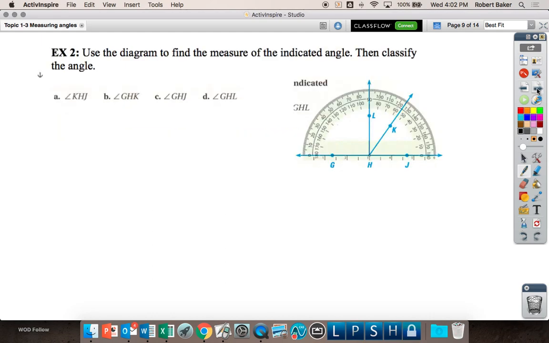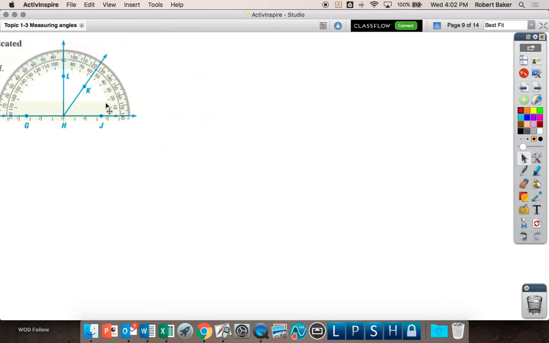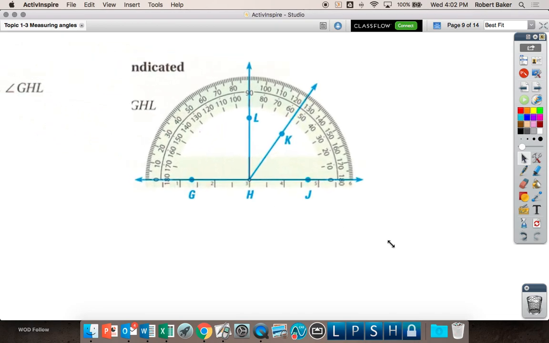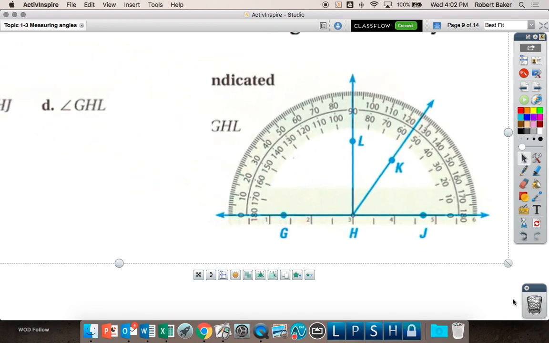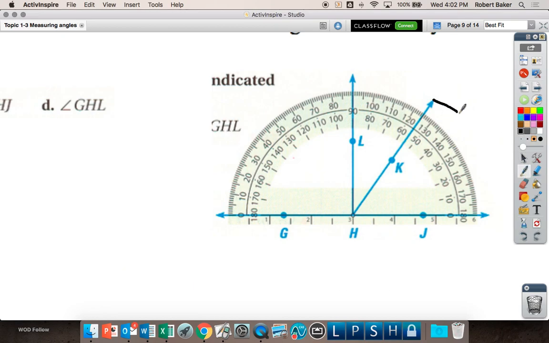So here's what your test looks like. This is your test question, just like this. They're gonna print a protractor on your test. So it is your job, and I think the first question, if my memory serves me, is what is the measure of angle JHK?